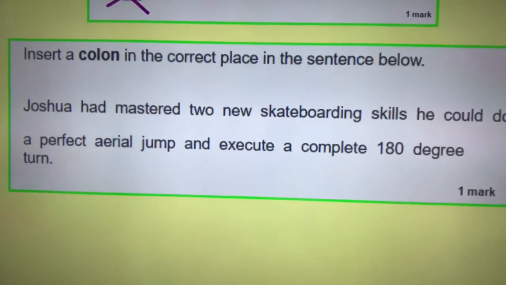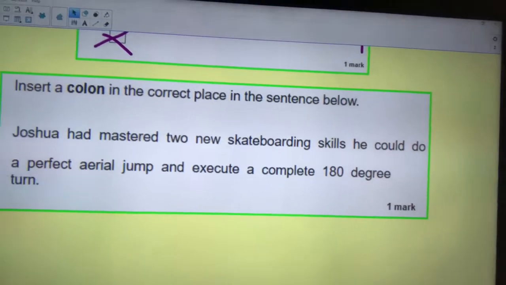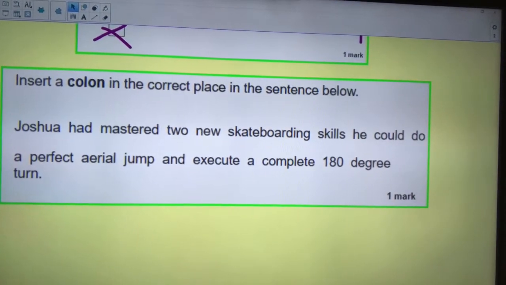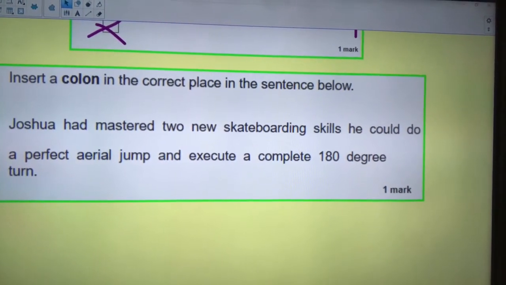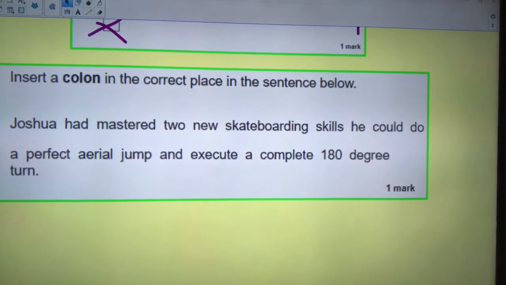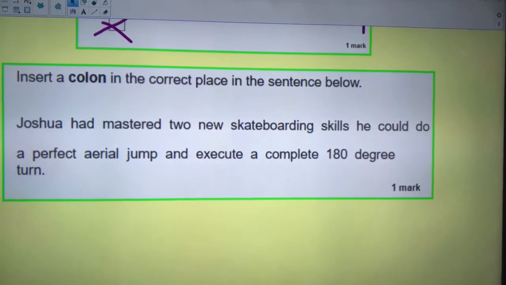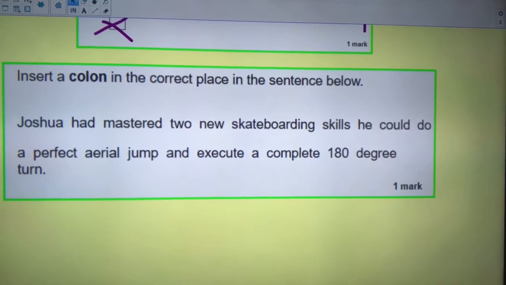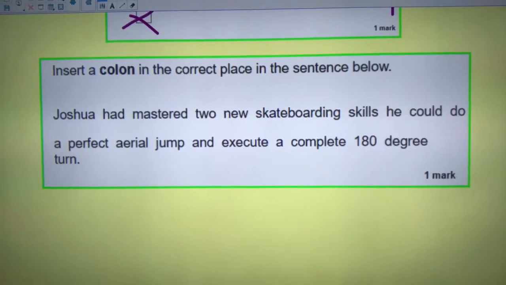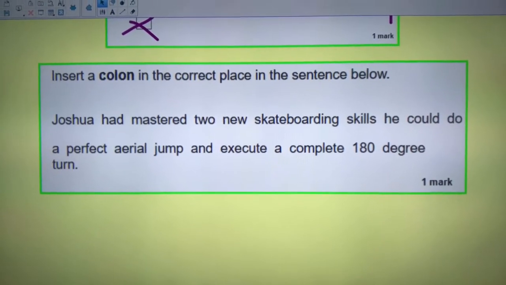Mrs. Gale, if you read it. Okay, so the question is as follows. Insert a colon in the correct place in the sentence below. So there's one sentence here. Joshua had mastered 2 new skateboarding skills. He could do a perfect aerial jump and execute a complete 180-degree turn. Pause the video here. And then Mrs. Gale, where would it go?